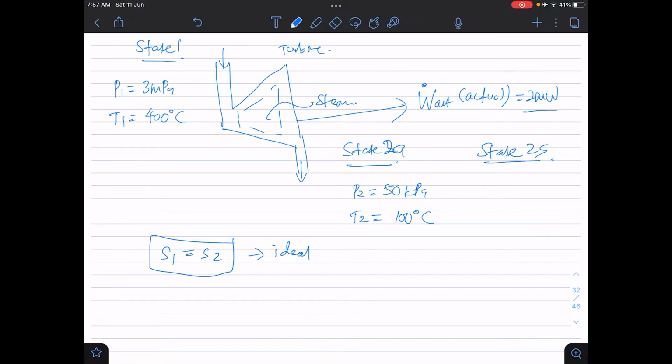For the actual and the ideal one, the pressure will be similar, 50 kPa. The only difference between the actual condition and the ideal condition is the temperature, which will cause a different value of enthalpy later on.